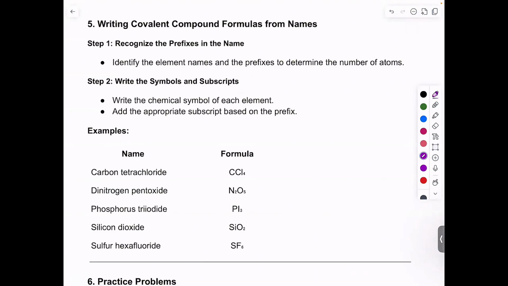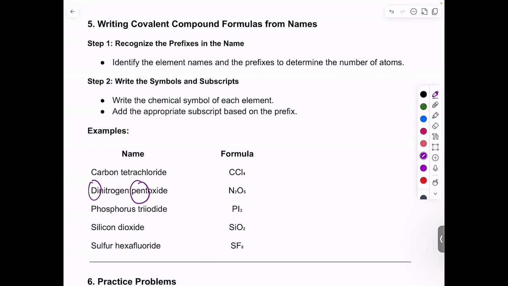For instance, for carbon tetrachloride, that's our first example here, we just throw in one C because it's a single carbon, and then we put in 4 chlorine atoms for the tetrachloride part. Dinitrogen pentoxide: we have 2 nitrogens for di, and then 5, penta, that's our 5 prefix there.